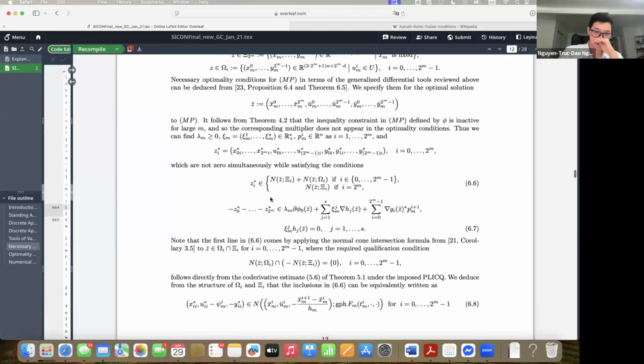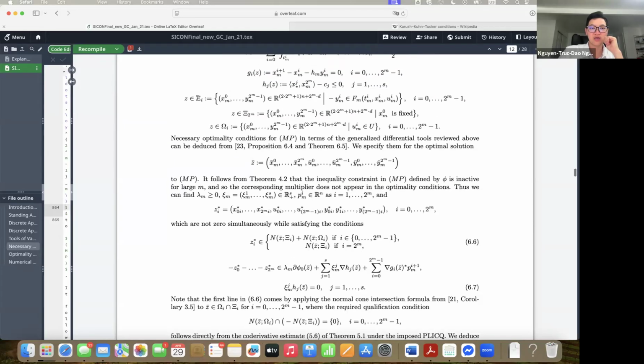But now you can understand that we pick this number belonging to the normal cone to these two sets. So we take the two sets from the constraints, zeta and omega, and then we add them. If i belongs to the index set from 0 to 2 to the m minus 1, and then for the final time where i equals 2 to the m, we just have the normal cone of zeta only.